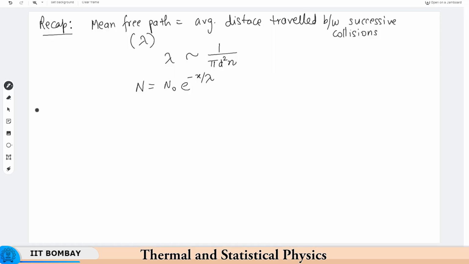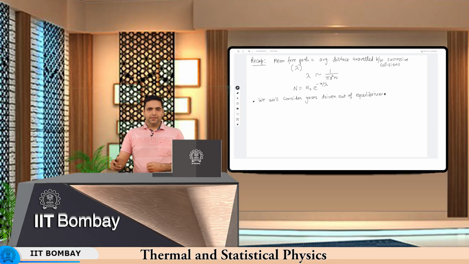So, basically in this class we will consider gases driven out of equilibrium. And maybe I can quickly summarize how we can do that.